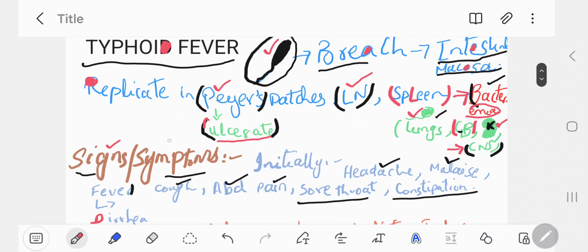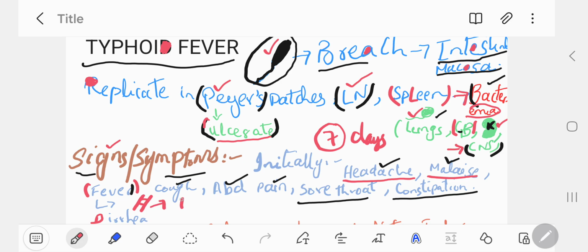What are the signs and symptoms that you will see in these patients? Initially, within 7 days, the patient presents with headache, malaise, and fever. What type of fever? The fever is a step ladder pattern fever, that is, it increases in intensity with time.